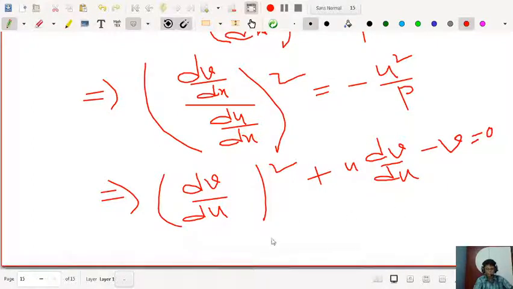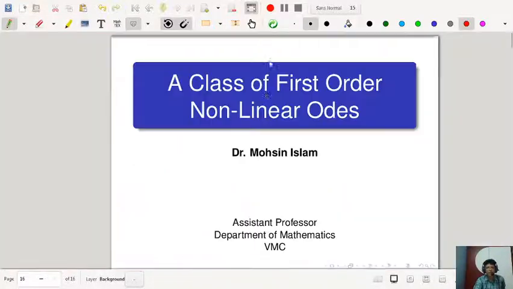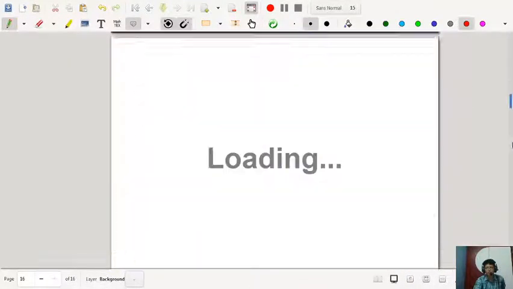So if you simplify and write dv/du equal to q, you will get v equal to uq plus q square. So that is the Clairaut's form in v, u and q, right?